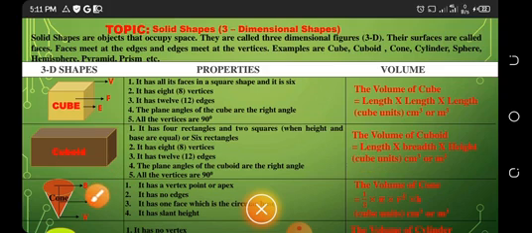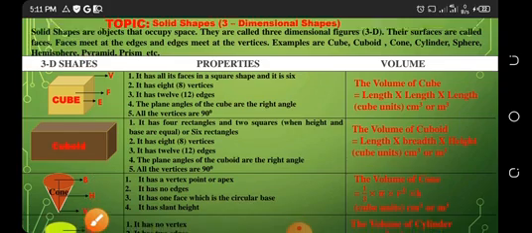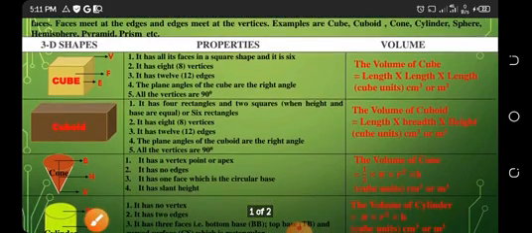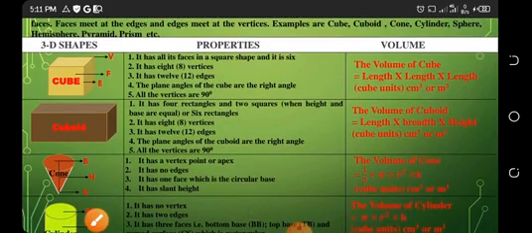The next one is the cone. See, a cone is like a funnel. Here I put B, here I put H, and here I put V. This B is called the circular base. The line at the center is called the height.